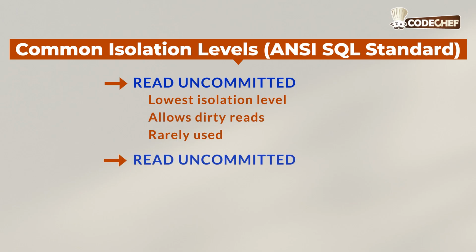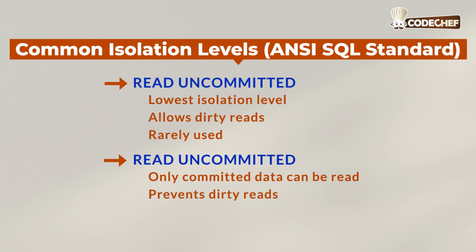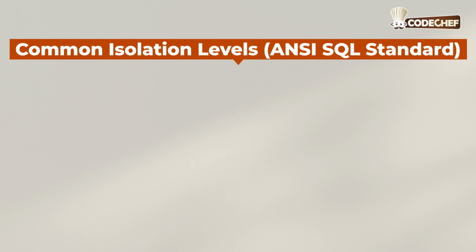Second, read committed. This means only committed, only saved data can be read by other transactions. Second, it prevents dirty reads. Third, it allows non-repeatable reads. It allows getting multiple different results whenever a query is executed multiple times in a single transaction.